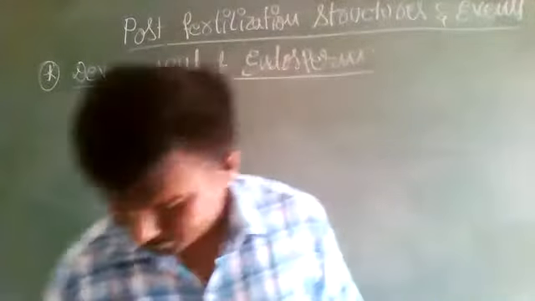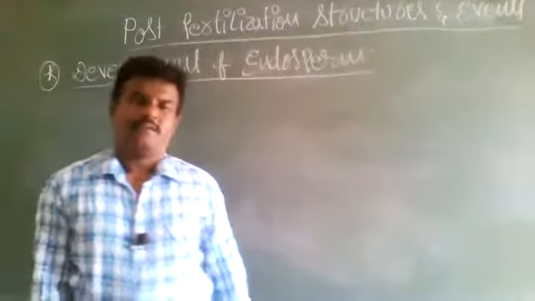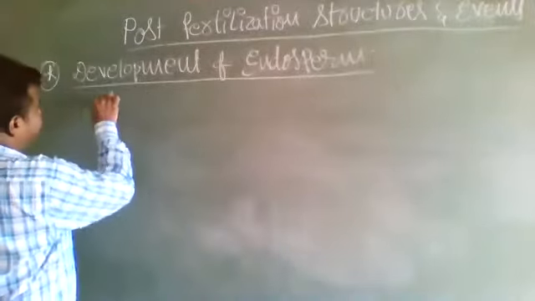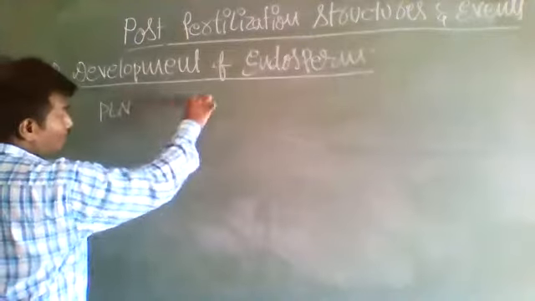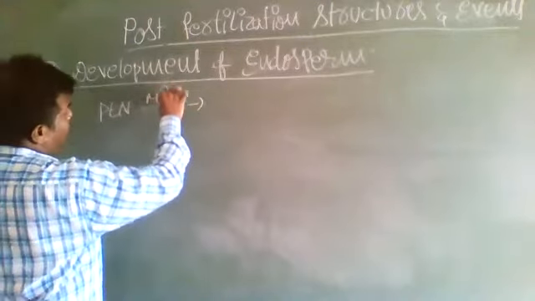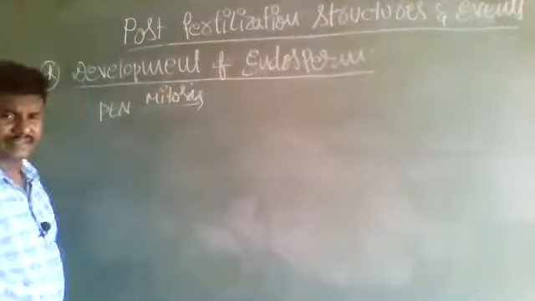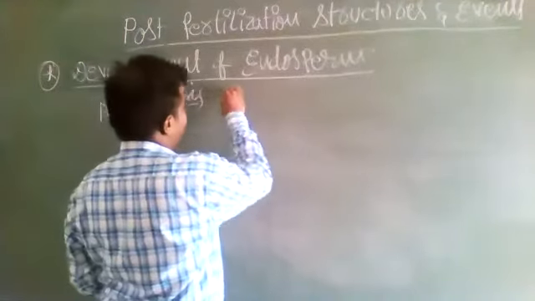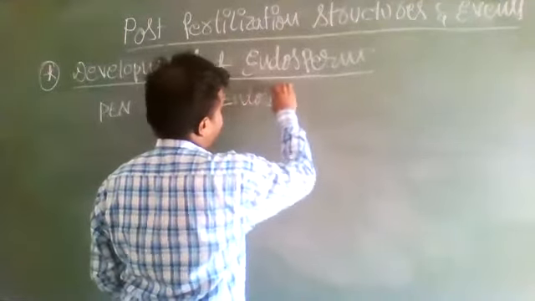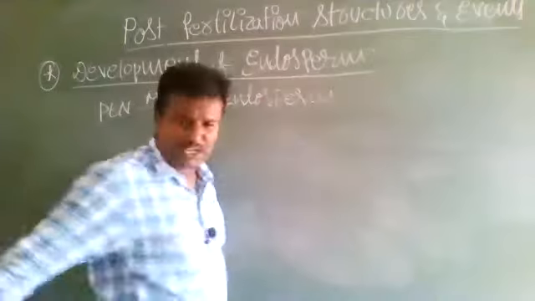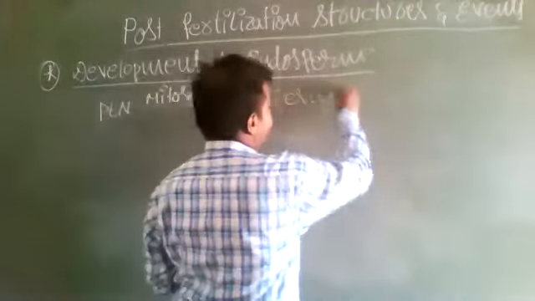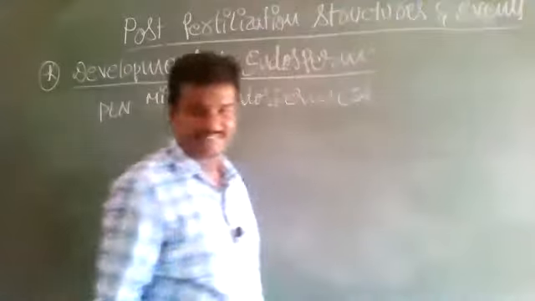The primary endosperm nucleus undergoes mitosis divisions and gives rise to endosperm. So the endosperm is always triploid.